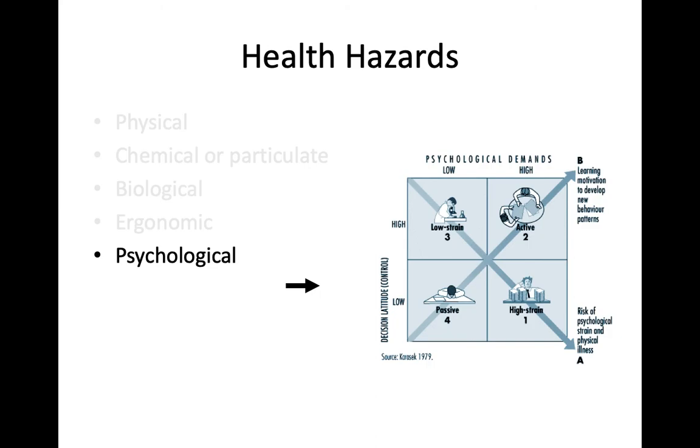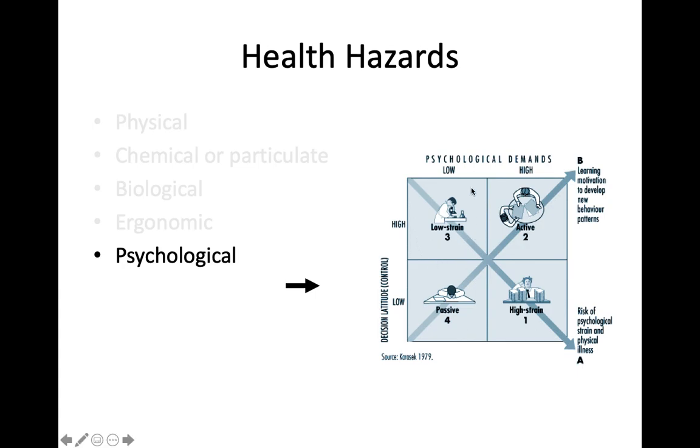And then here's another diagram that's quite popular for psychological demands and decision latitude. So you can see in this corner, somebody with high psychological demands but low decision making has a risk of psychological strain and physical illness, versus somebody with high psychological demands and high decision control has learning motivation to develop new behavioral patterns.